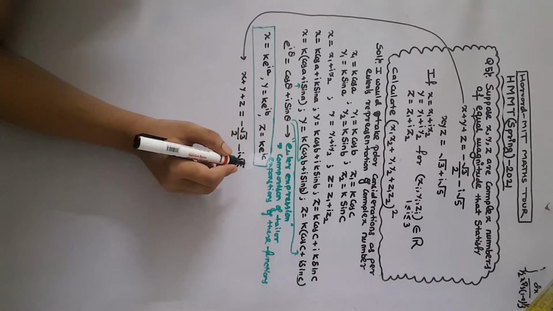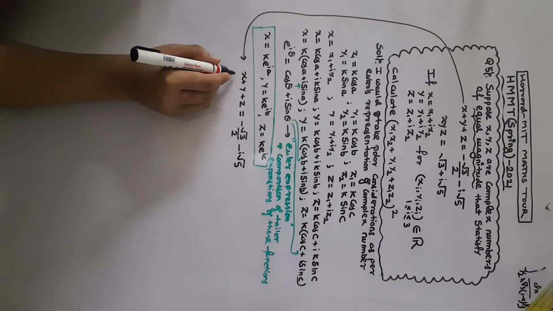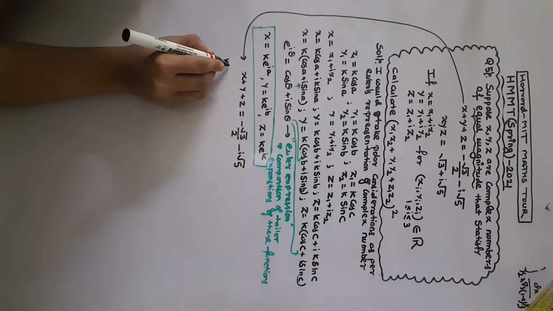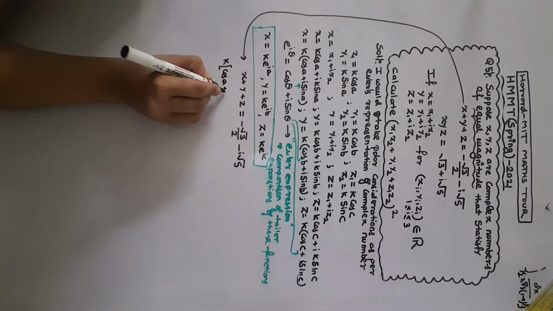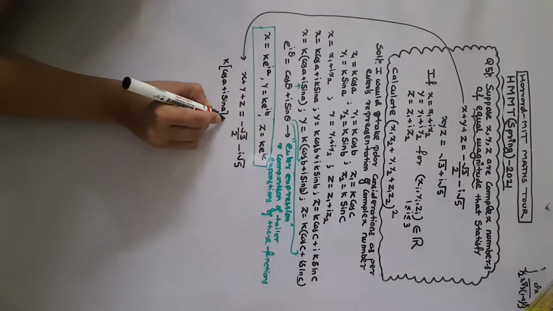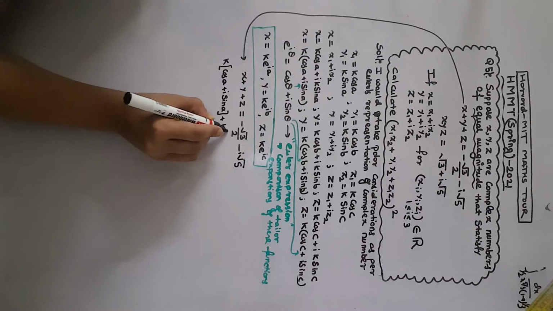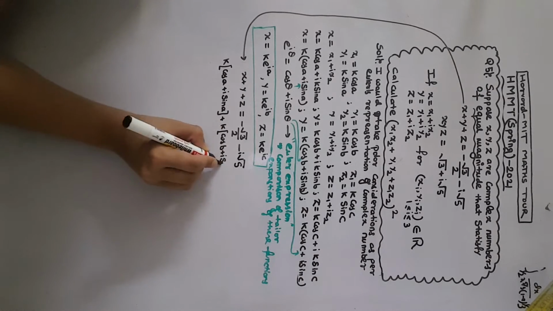So we know that we can write x as k times cos a plus i sine a. Similarly, we can write y as k times cos b plus i sine b.